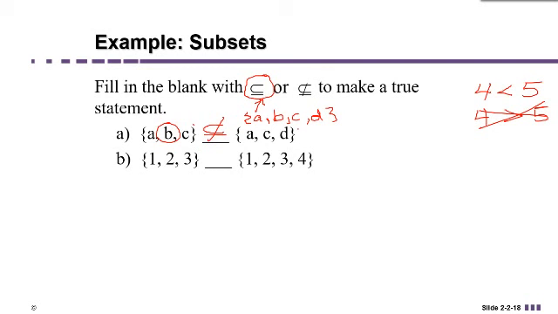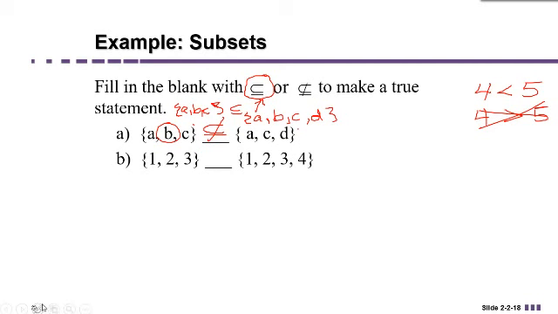It would have been okay that D, this extra letter, was in there as long as the set on the left had only elements that were in the other set. This would be true. Okay, so it's not the D that's the problem. The problem is the B, that the set on the right doesn't have the B in it.